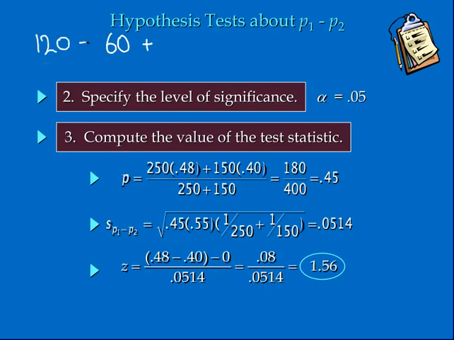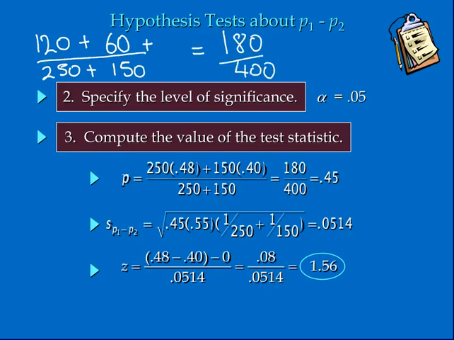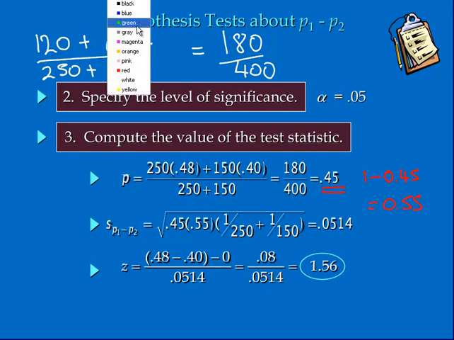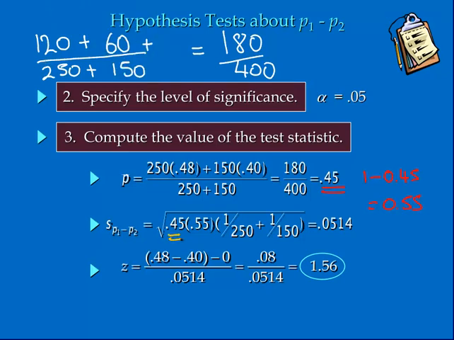It was 120 plus 60 over 250 plus 150. That works out to be 180 over 400, and that is where we get this value here, 0.45. Now, 1 minus 0.45 is 0.55. So that's where these two values come from: the pooled estimate and the complement of the pooled estimate.